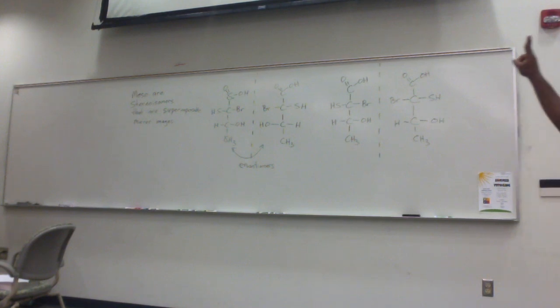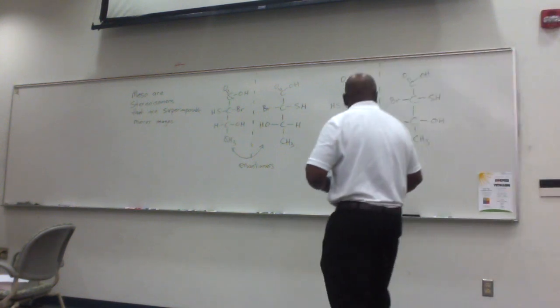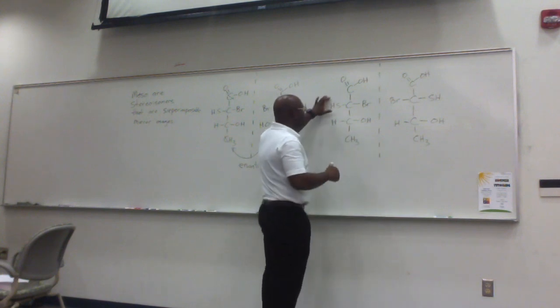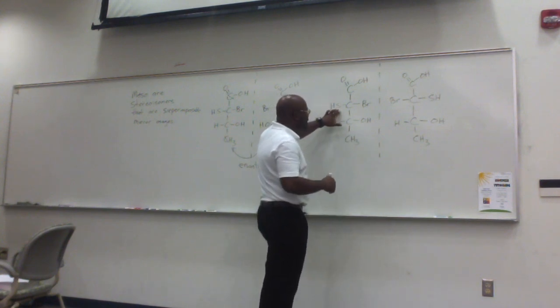Now notice there are actually two possibilities. Here I mirrored the top one and kept the bottom one the same. You equally could have written the diastereomer by keeping the top one the same and mirroring the bottom.